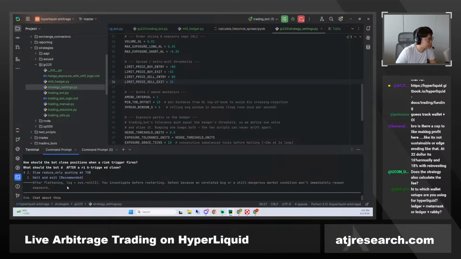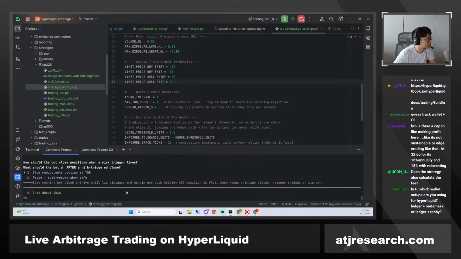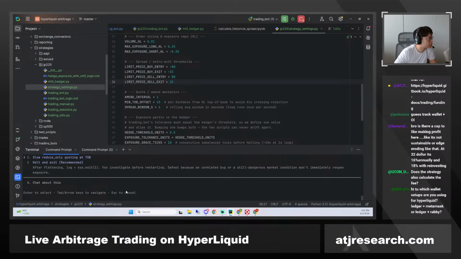Halt and exit. After flattening, restarting is safest because the early bug was the dangerous market condition. Okay, so in this case, I just want to halt and exit.